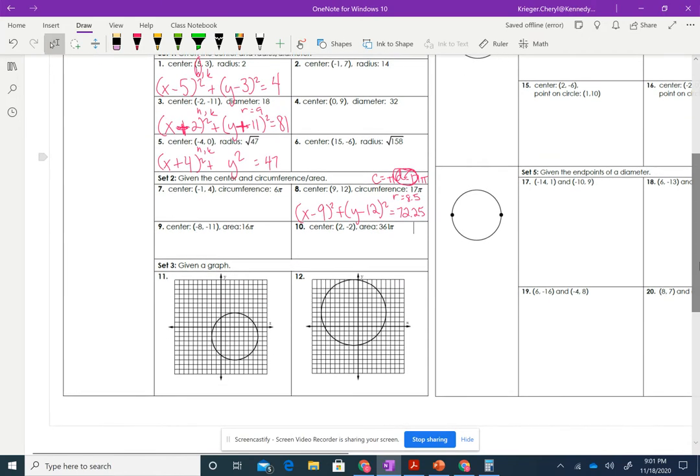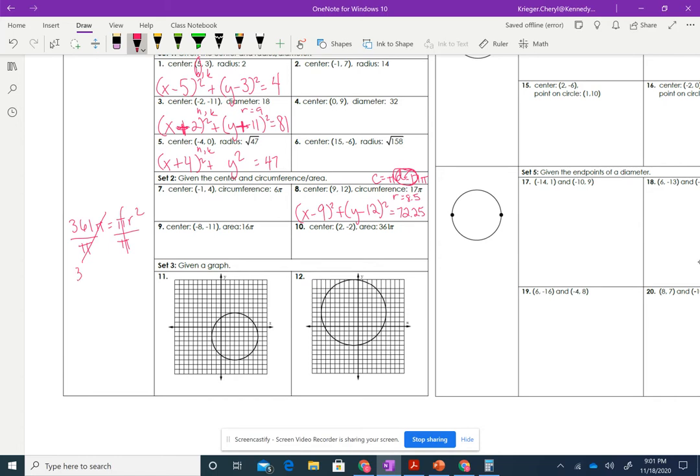Number 10. Area equals 361π. So I'm going to say 361π = πr². And I want the radius by itself, so I'll divide both sides by π to get radius squared.